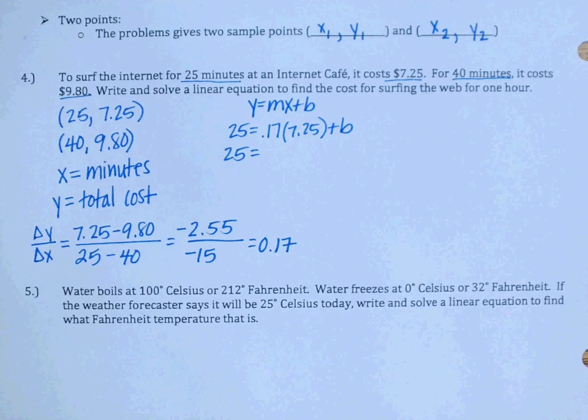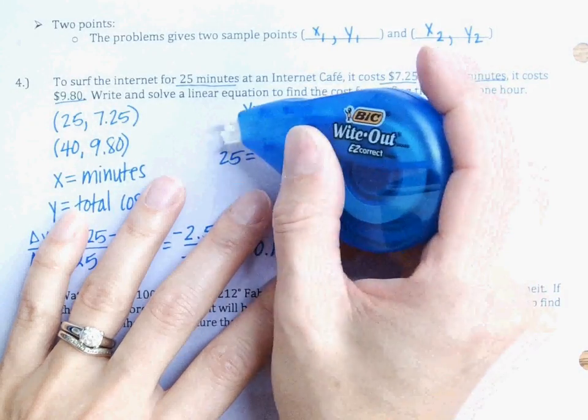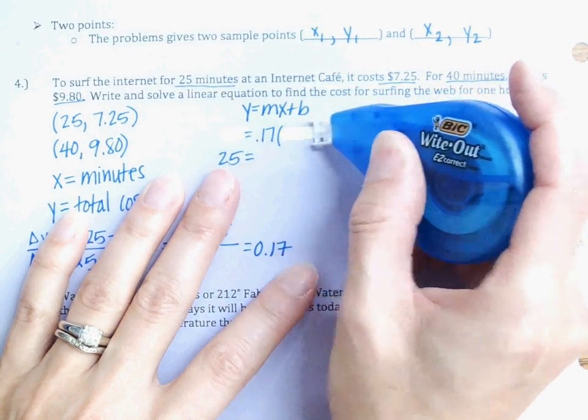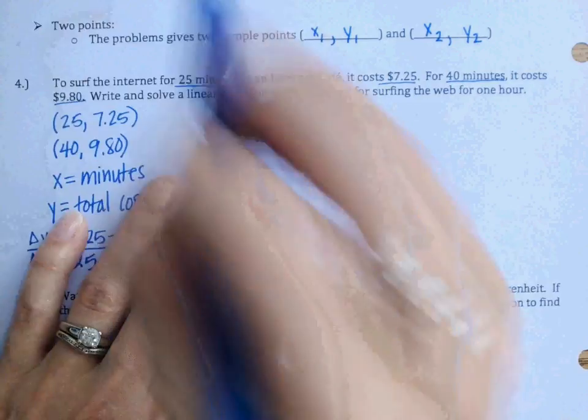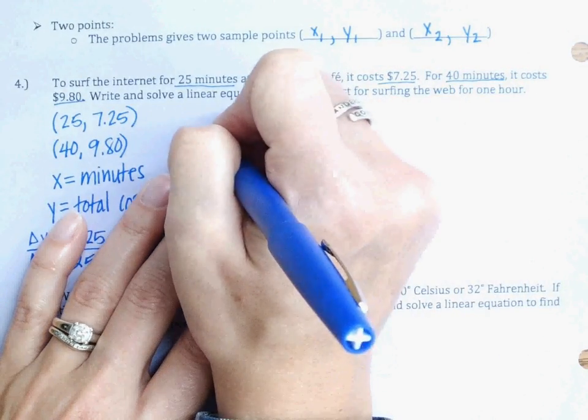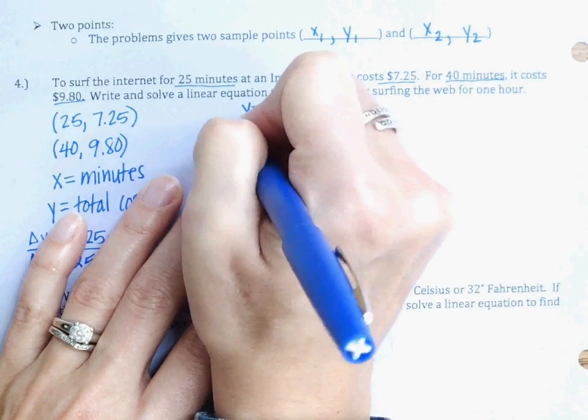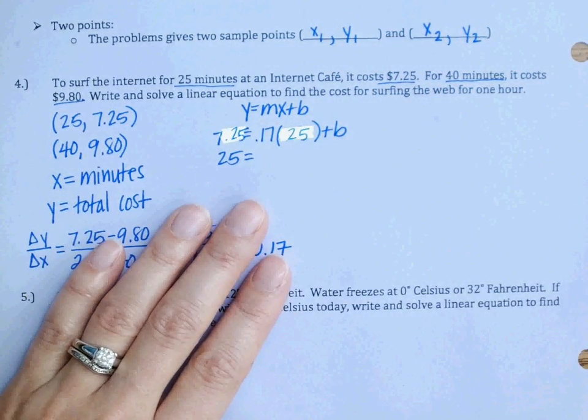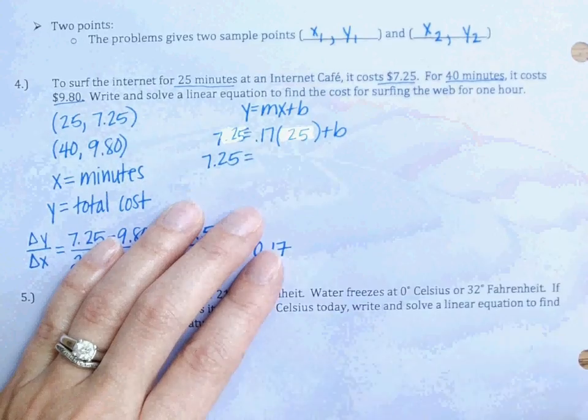I put the values in the wrong place. I'm grabbing my white out real quick so I can fix that for you guys. I like the pen the way it shows up so well on here, but when I make a typo, it's not so great. So I apologize. Fix that typo for you. And there we go.